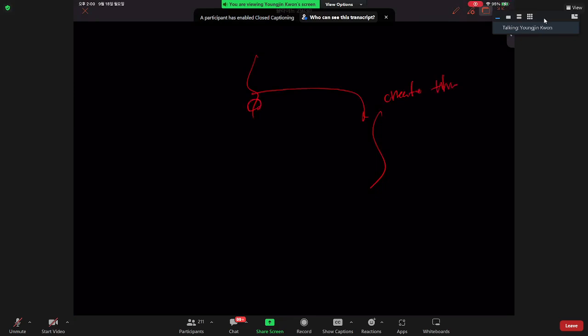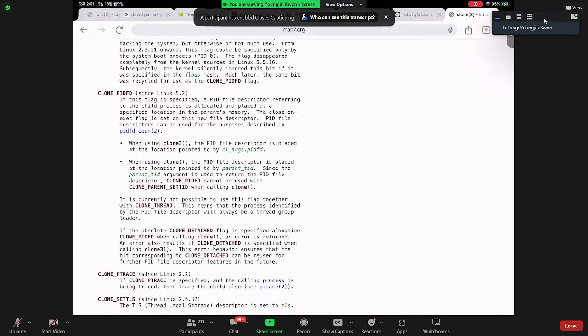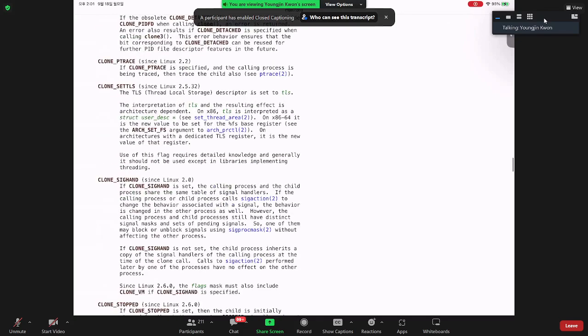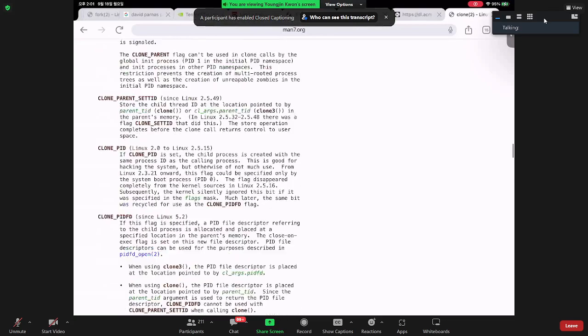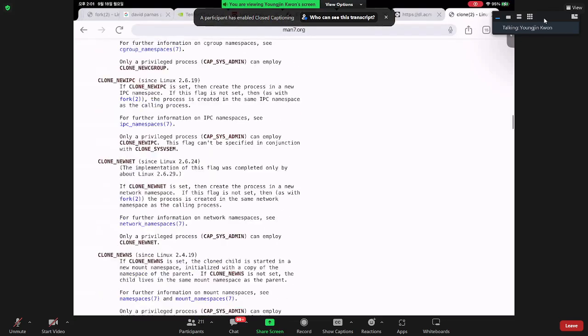And here, open a new file. After creating a thread, is it shared with this process or not? It depends on this clone file flag.